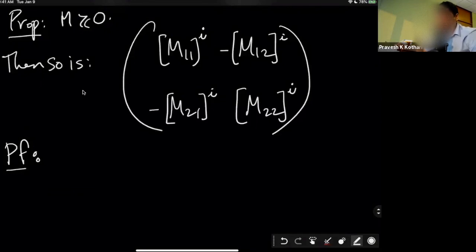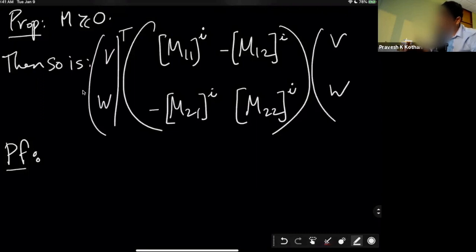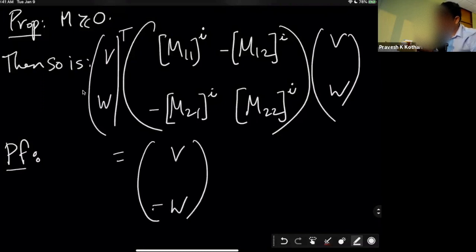The observation is that if I compute the quadratic form of this matrix on vector (V, W), then it's the same as the quadratic form, hopefully I got it right, of V minus W of the unnegated matrix.